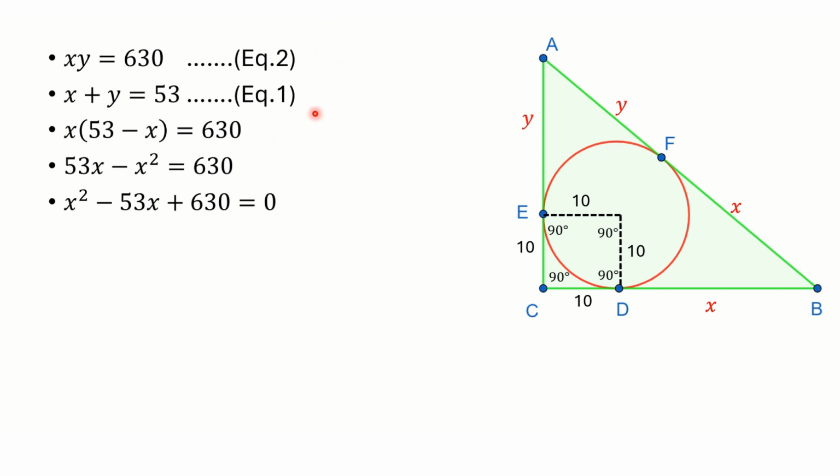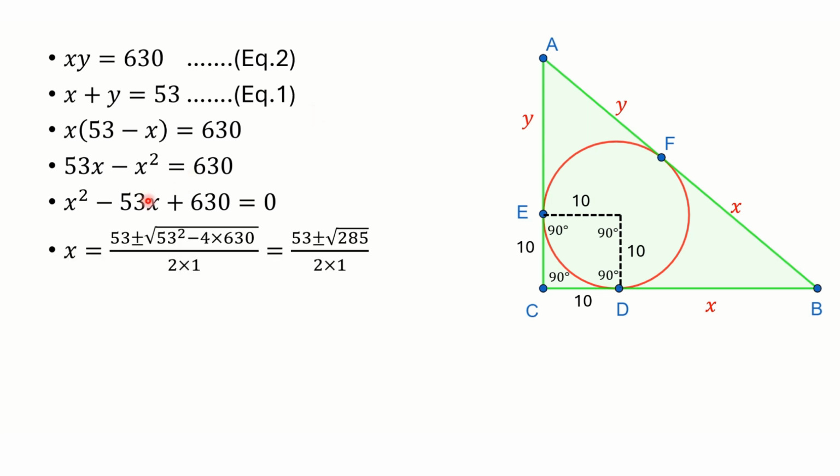So let us find the root using that formula. Minus b, so minus of minus 53 will become plus 53, plus minus the square root of b square, that is 53 square, minus 4ac, so 4 times a is 1 and c is 630, divided by 2 into 1, 2a.